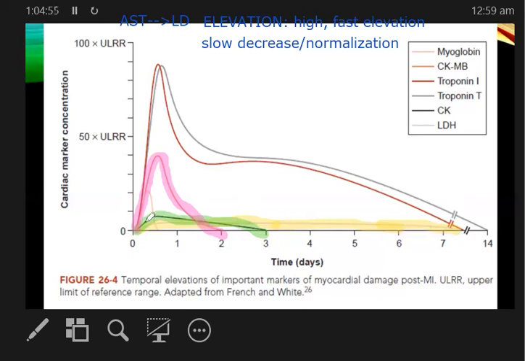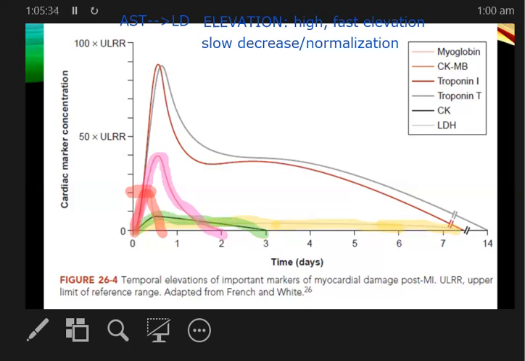It increases at a faster rate as compared to your CKMB. It is able to peak at an earlier time as compared to your CKMB. Although the peak is not as high as your CKMB, still your myoglobin is considered to be more sensitive than CKMB during the first hours.